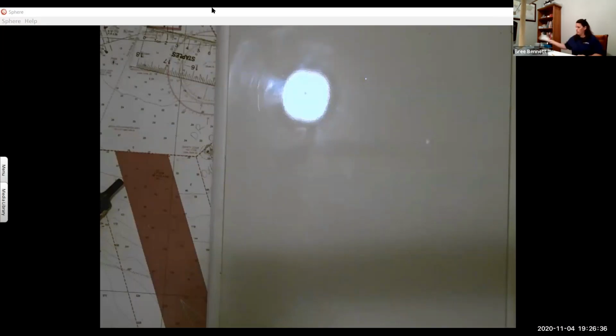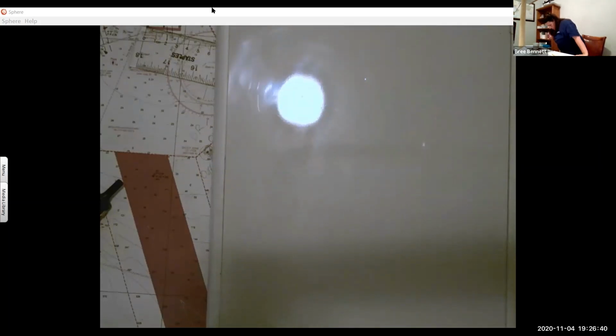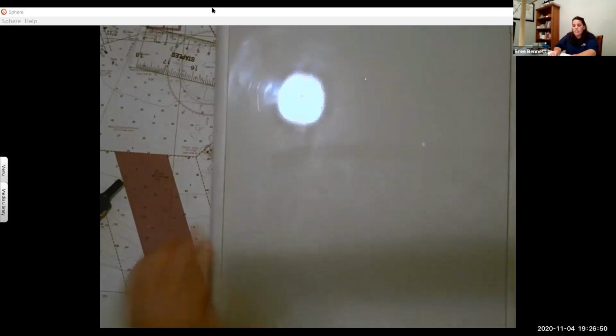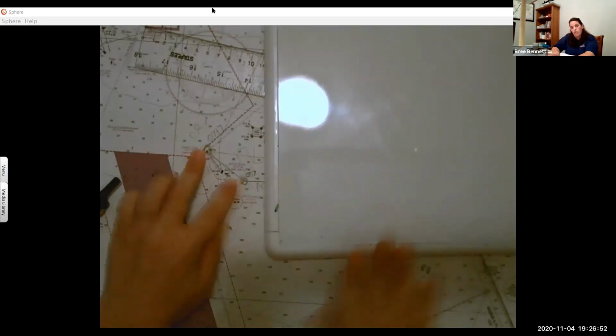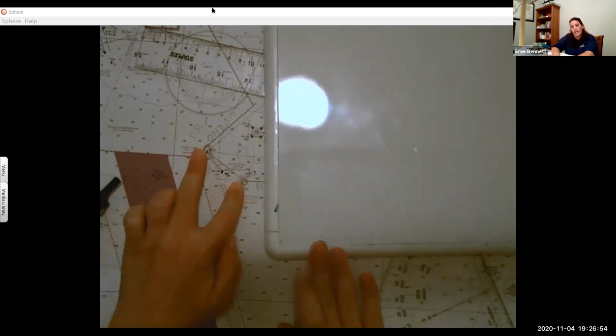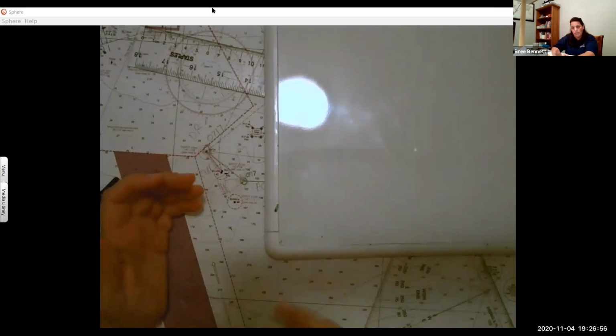So I guess that wouldn't be too far off. The thing with the set and drift is that it's such a small line, you can move it one way or another and get a wider margin of error.